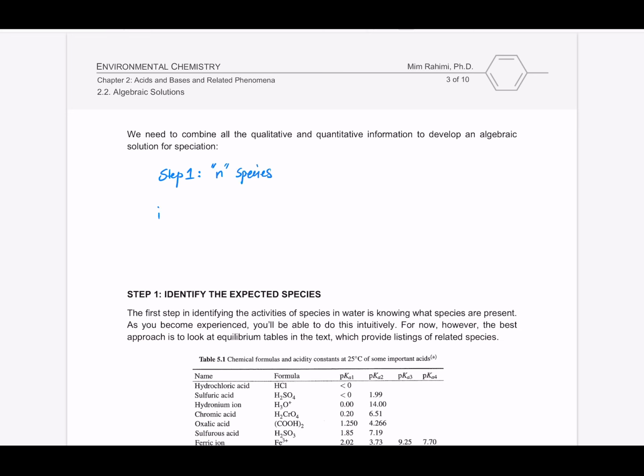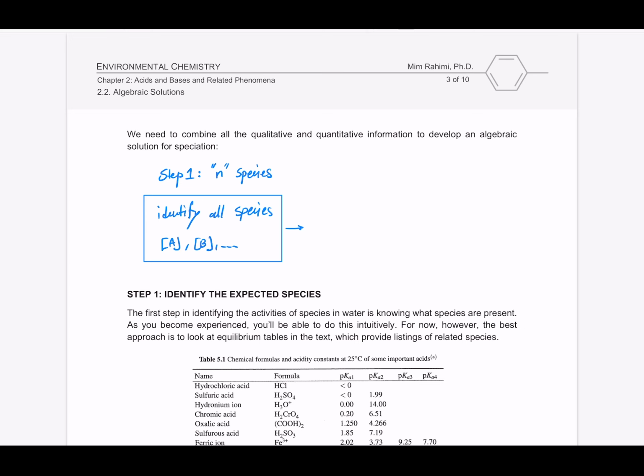So we need to identify all species. We might say, oh, we have A, B, and so on. So this would be the first part of calculating for speciation. Then when we know we have n species, we need to look for n independent equations.